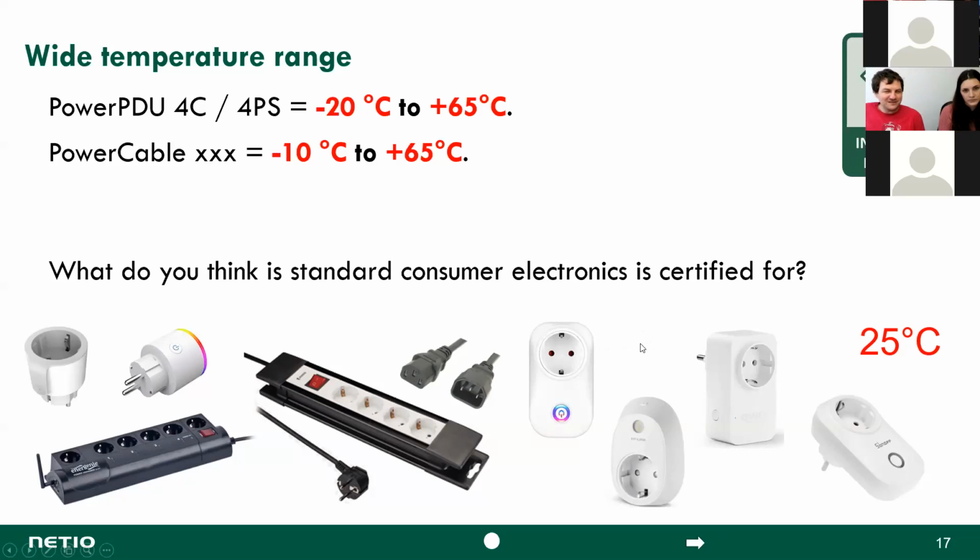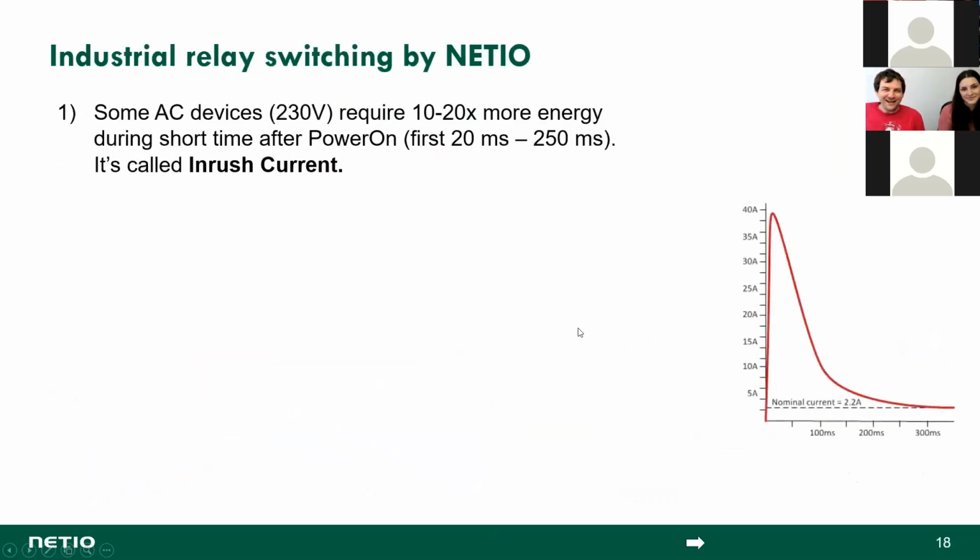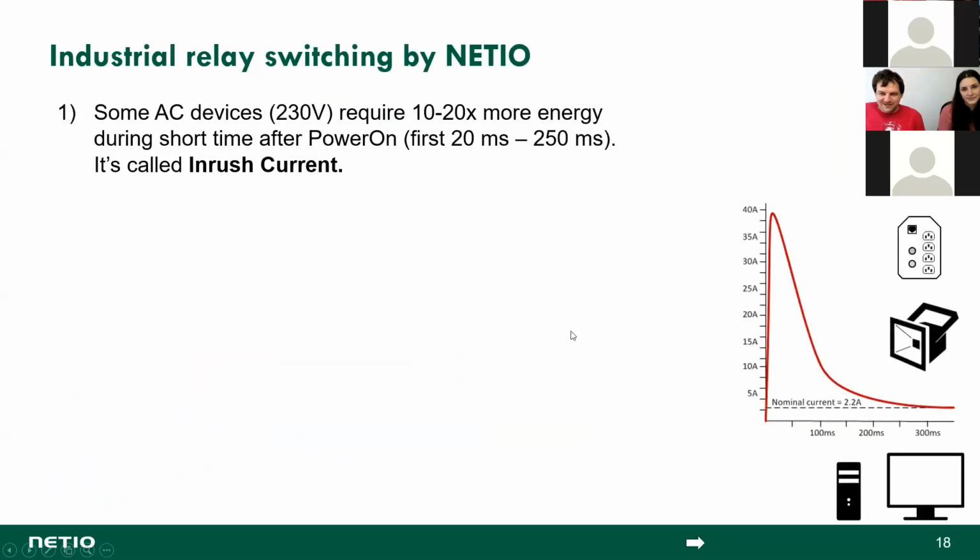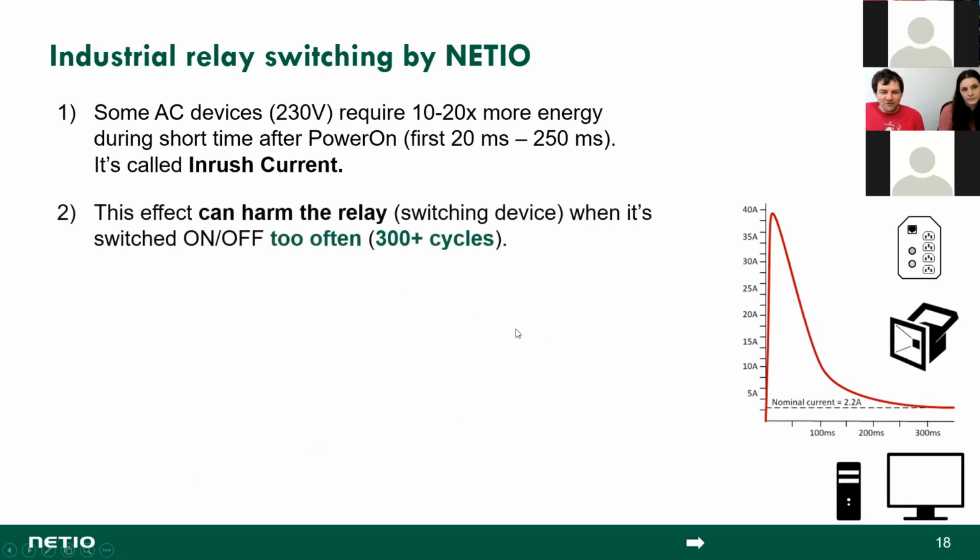I'm talking about that because temperature is something which is simple to understand for end users, and my second slide is super complicated. Industrial switching by NETIO. Basically, with a lot of electronic devices, when you switch them on and also off, there is something called inrush current. This is a peak of power consumption in the first few milliseconds when you switch on the power.